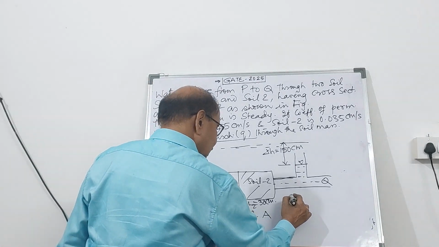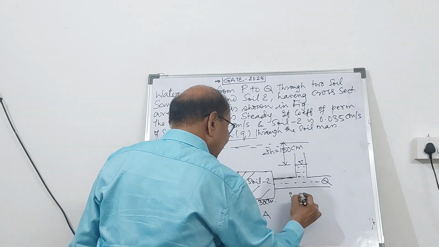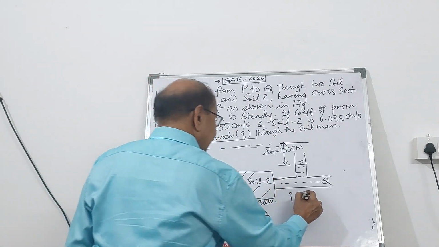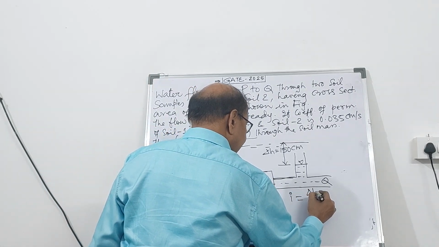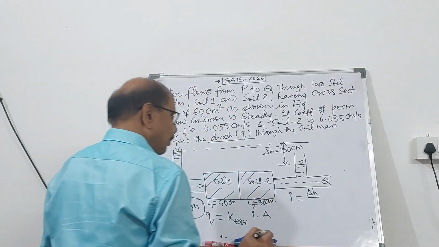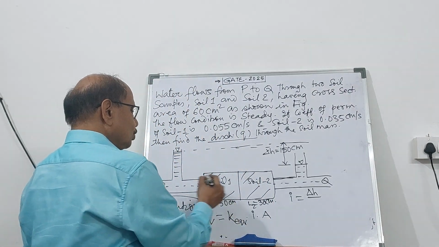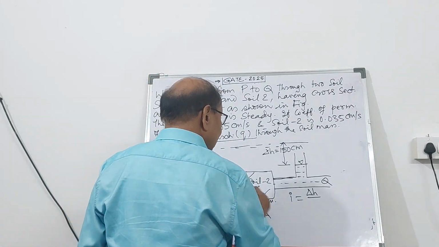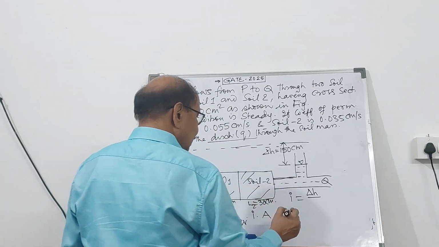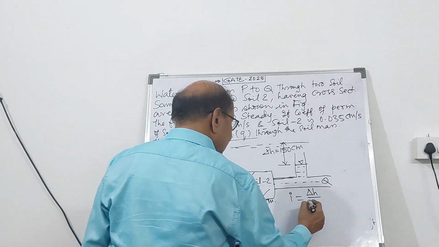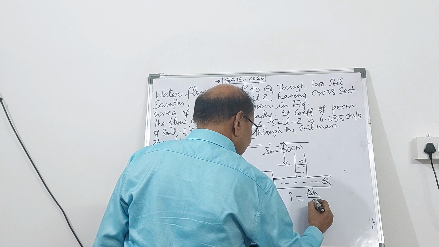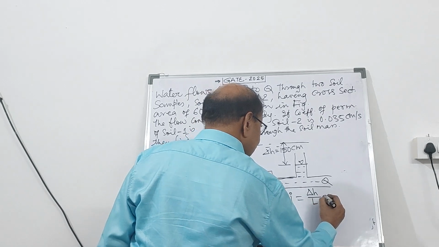The hydraulic gradient will be loss of head when the water is permeating through the two layered soil, perpendicular to the bedding planes. It is going to be delta H divided by the length of the sample.